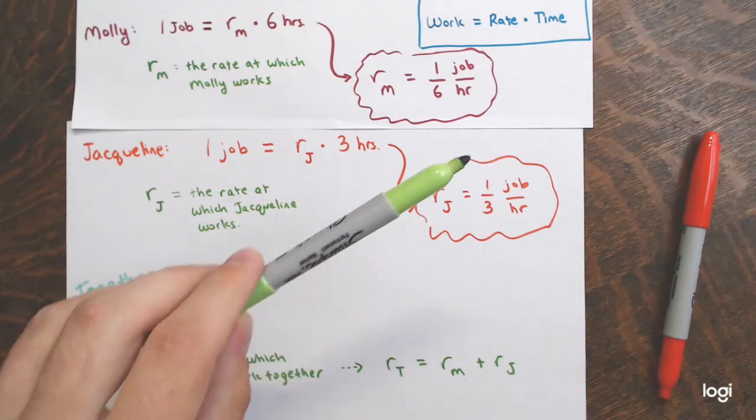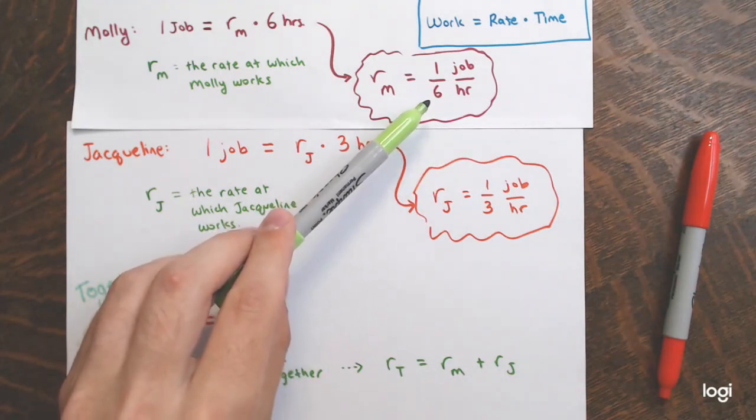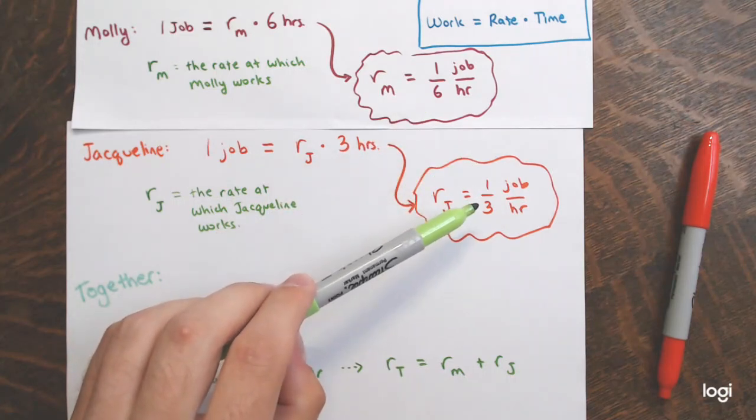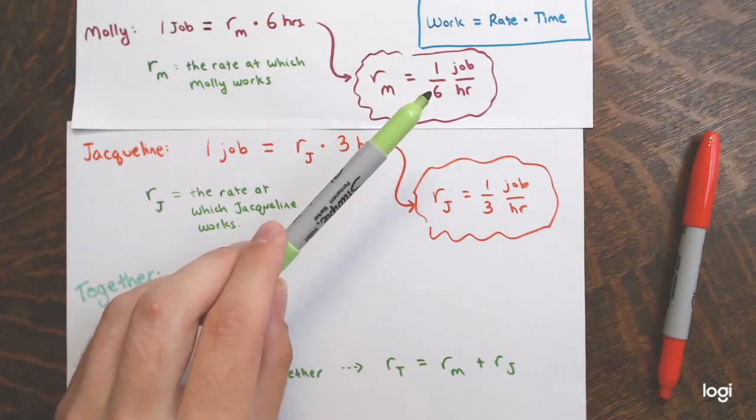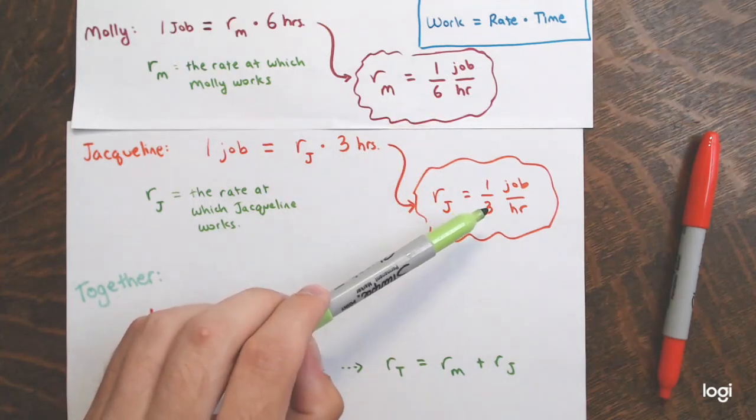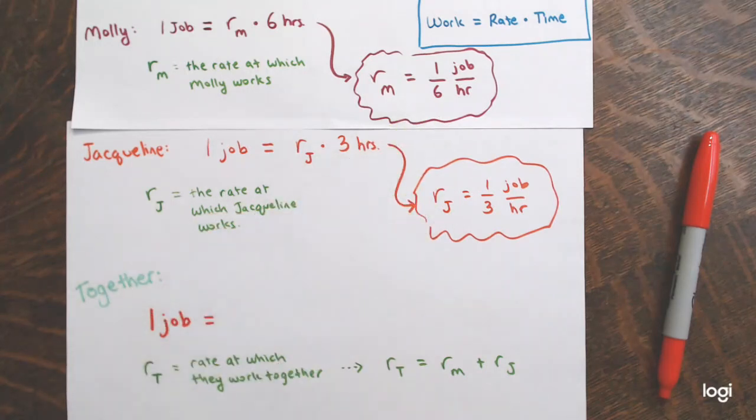Think about it. If she does 1/6 of the job in an hour, and she does 1/3 of the job in an hour, if I gave them, say, 1 hour, she'd get 1/6 of it done, she'd get 1/3 of it done, so they'd get 1/6 plus 1/3 of it done together. You'd be adding those up.